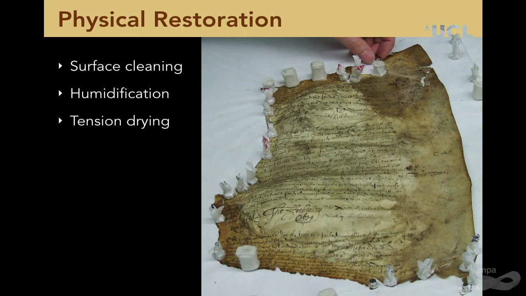So the physical restoration that had to begin involves humidifying the parchments. In the past, conservators of the last century have done a lot of damage to parchments by humidifying them and then trying to squish them flat.